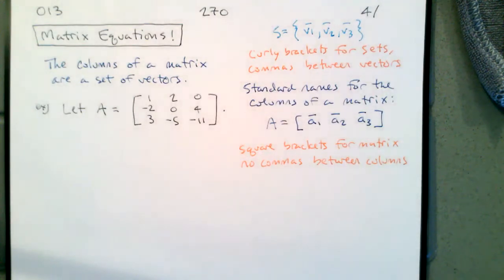Curly brackets for sets and commas between the vectors in sets. Square brackets for a matrix, no commas between the columns. This is just writing things properly. If you put commas in your matrix, you'll get the point across, but it will look weird.